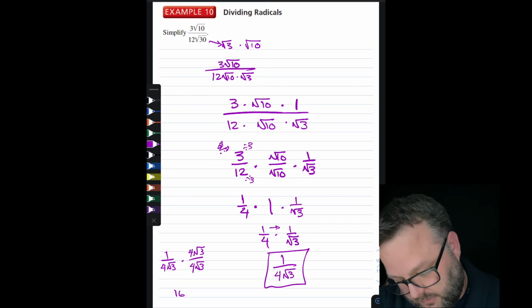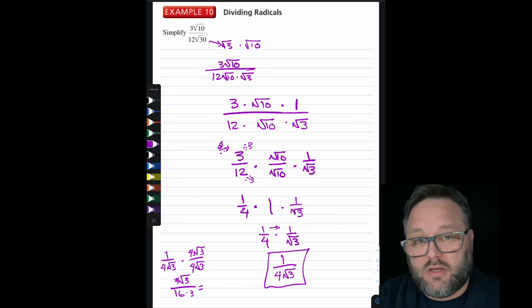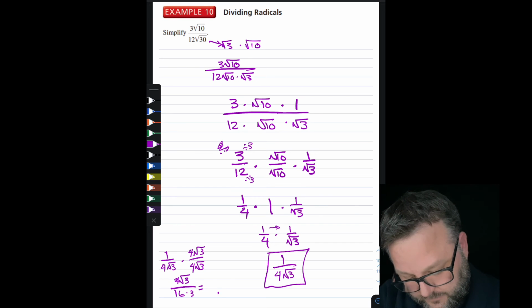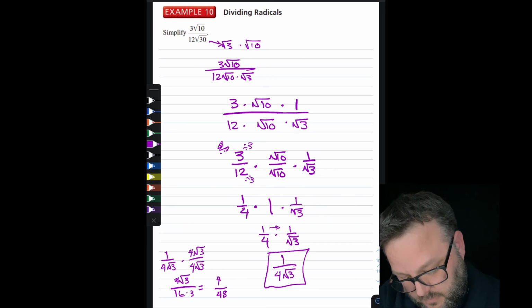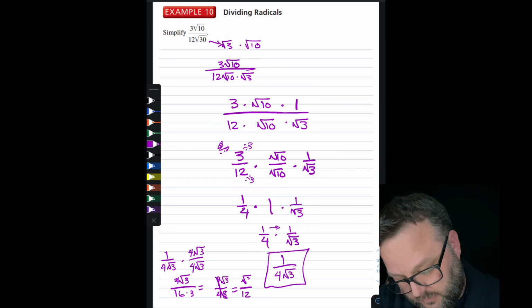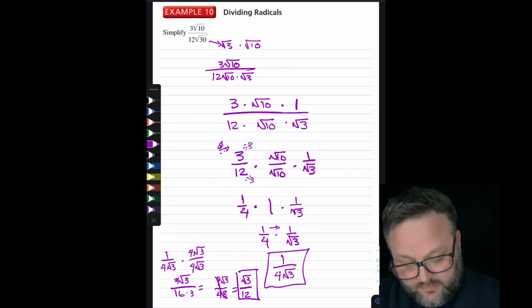Radical 3 times radical 3 is 3. And then 1 times anything is itself. So 16 times 3 is 48. And I can simplify that. 4 goes into 48 12 times, leaving 1, or radical 3 over 12.